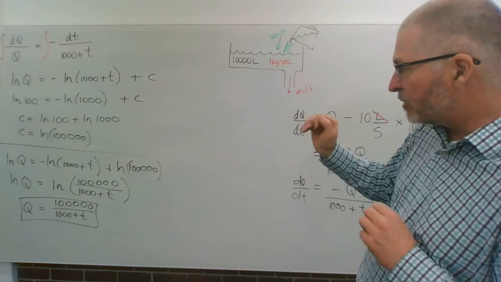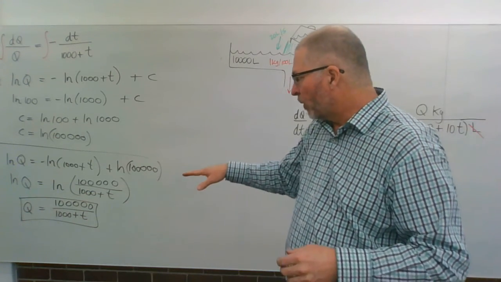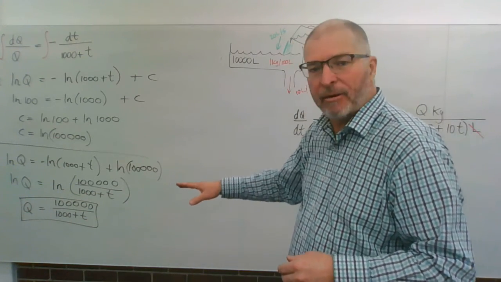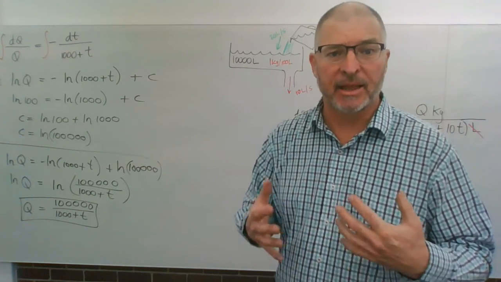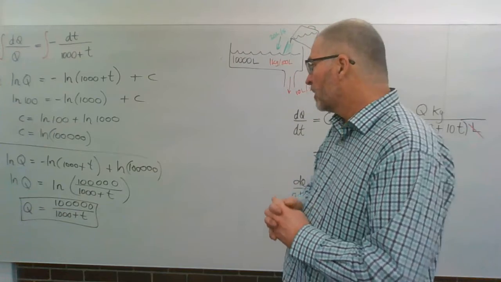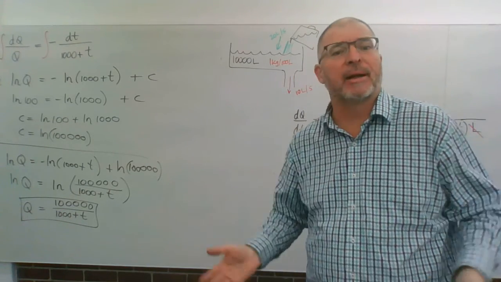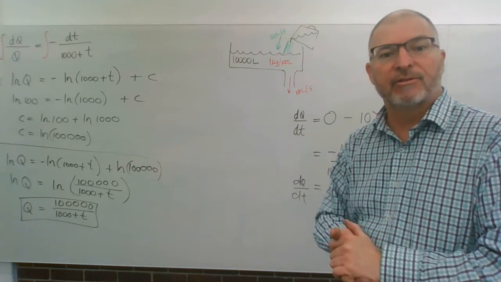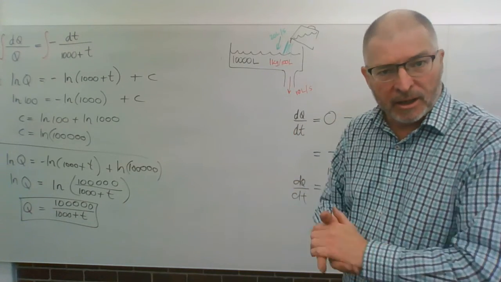And as time goes on, we're dividing by a bigger and bigger number. So our quantity of salt's getting less and less and less, and that makes sense to me. So it seems that that would give a reasonable answer. So you could answer a question, how much salt would be left there after 20 seconds or whatever the question might be.